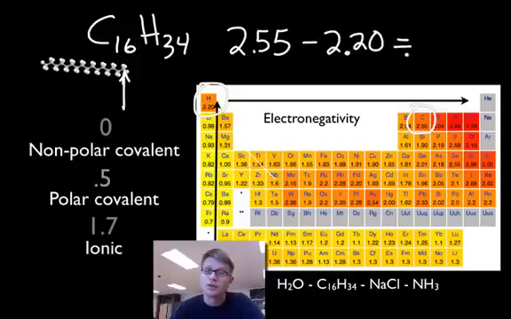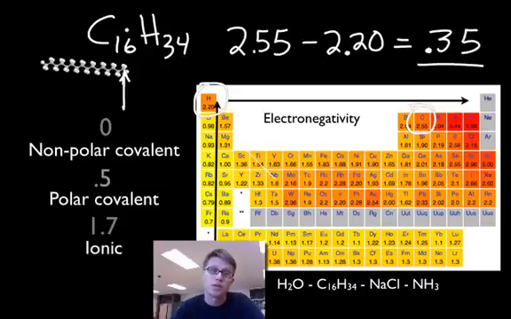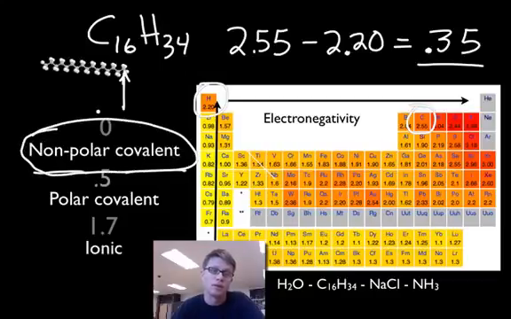If I find the difference between those two, I get 0.35. So what type of bond is found in diesel fuel? Well, it's less than 0.5, and so that's going to be a nonpolar covalent bond. That also explains why when you pour diesel fuel into water, they don't mix, because one of them is nonpolar and the other one is polar. And only likes will attract likes.